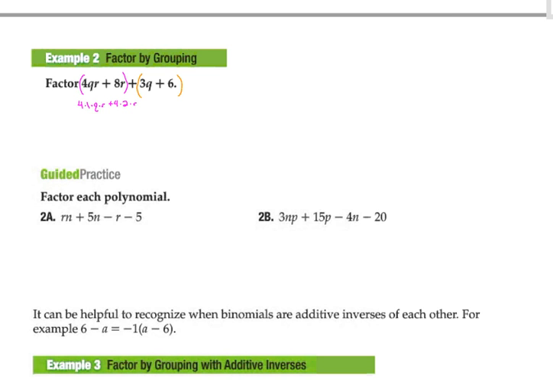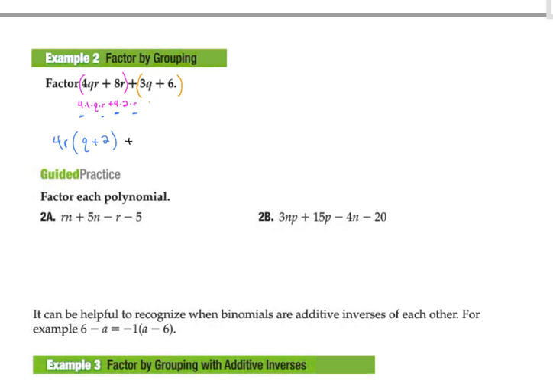Okay, so what do they have in common? They have a 4, and they have an R. So I'm going to say that just 4QR has a 4R in common. What are the factors that are left over? A Q plus a 2. Okay, now I'm going to go ahead and look at my 3Q plus 6.